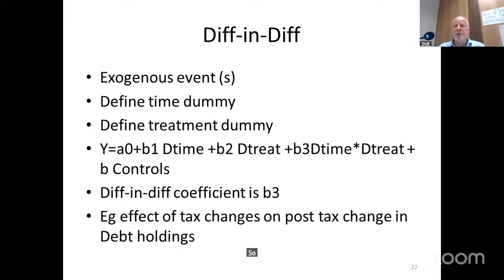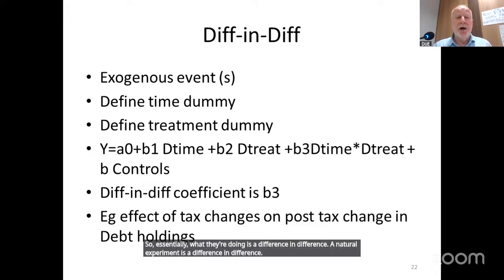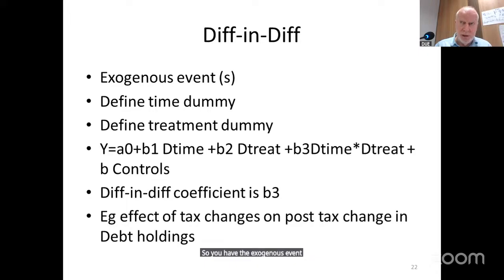So essentially what they're doing is a difference in difference. A natural experiment is a difference in difference. So you have the exogenous event, which is the tax change. So you have a time dummy, which is after the tax change, and a treatment dummy for those that have a tax change versus those that don't.